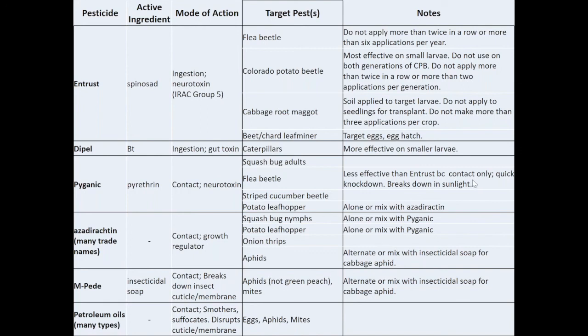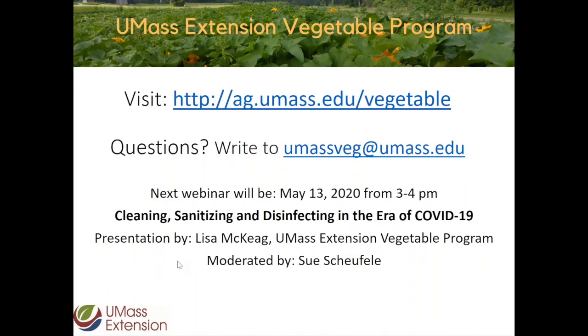So I mentioned that this table is available as a handout in your taskbar. There's the OMRI-approved insecticide recommendations, and you should be able to download that. There's also the pest scouting calendar that we talked about last time, where we have gone through week by week through the season and figured out approximately when we first see different pests.